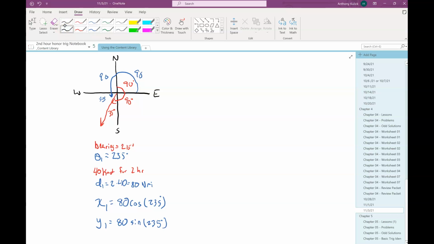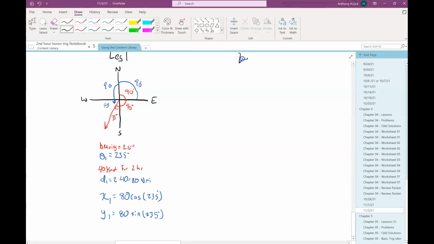Everybody so far so good? Then I'm going to do the same thing now for leg 2. So for this one, our bearing was 162.